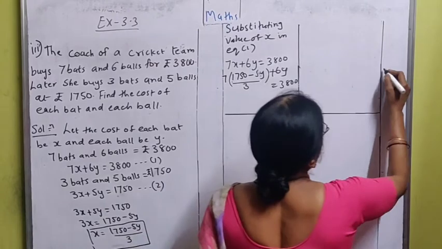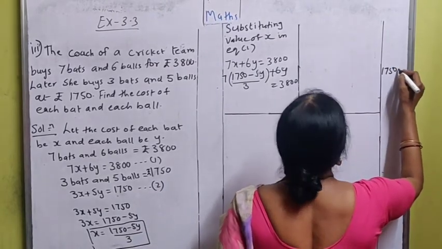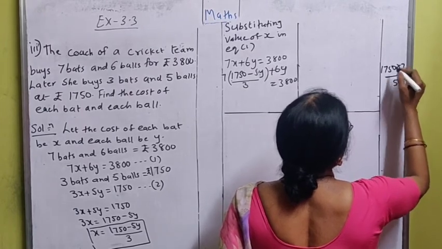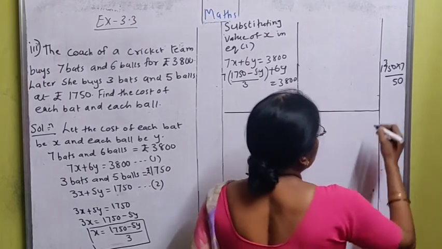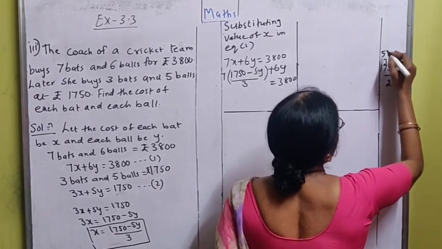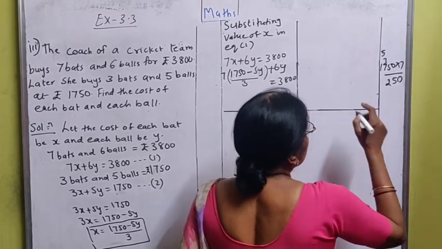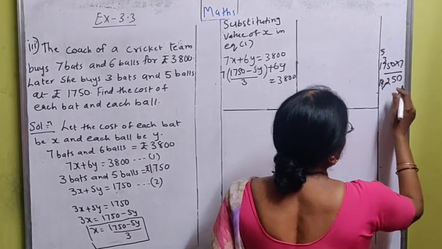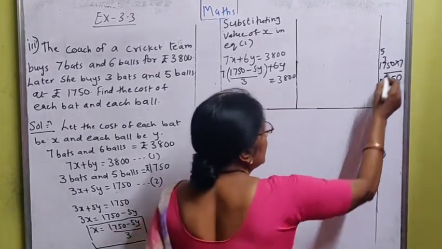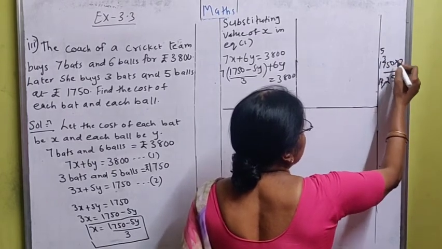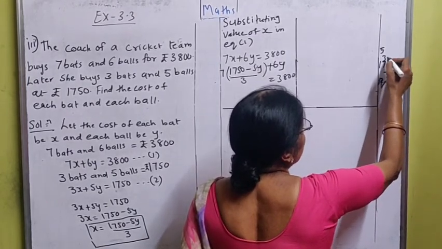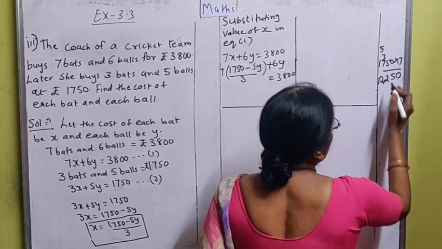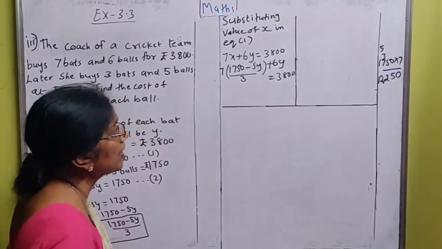So let us multiply 1750 into 7. 7 zeros are 0, 7 5s are 35, carry 3, 7 7s are 49, plus 3 is 52, carry 5, 7 1s are 7, 7 plus 5 is 12, so you got it as 12,250.